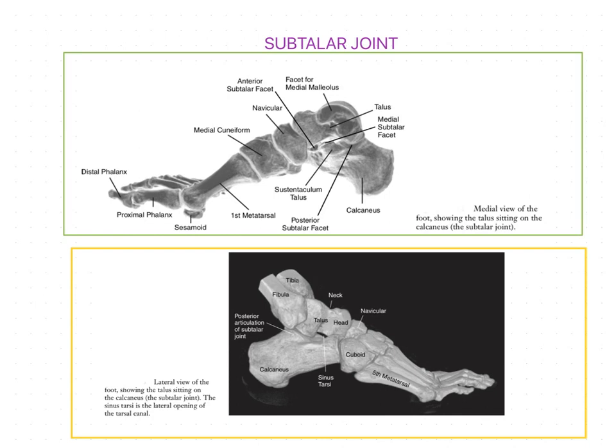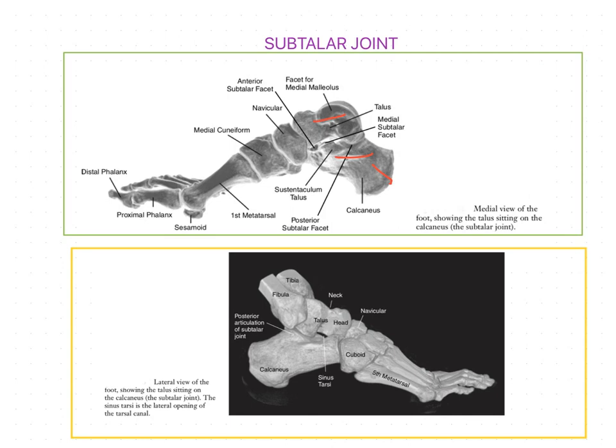So the subtalar joint, or talocalcaneal joint, is a composite joint formed by three separate plane articulations between the talus superiorly and the calcaneum inferiorly.